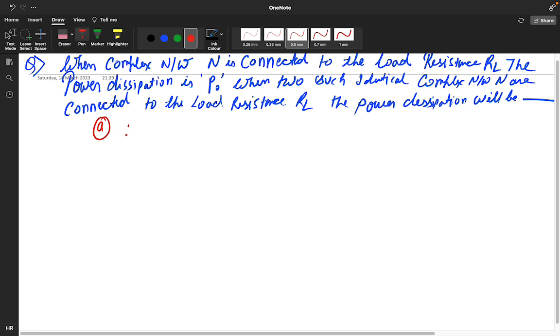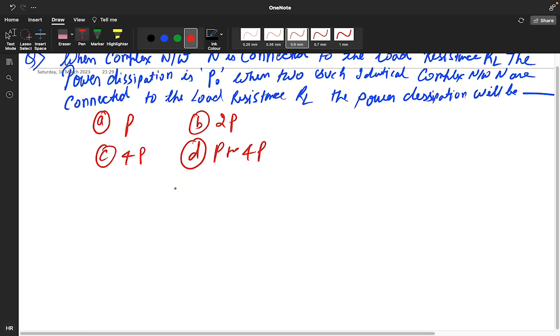Option A is P, option B is 2P, option C is 4P, option D is P to 4P. So what will be the answer?